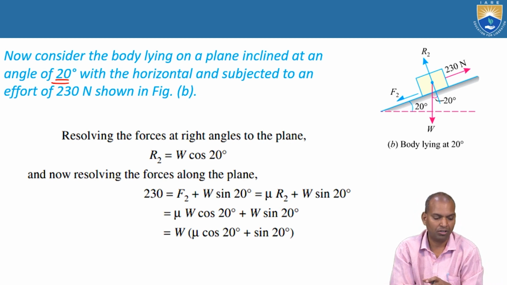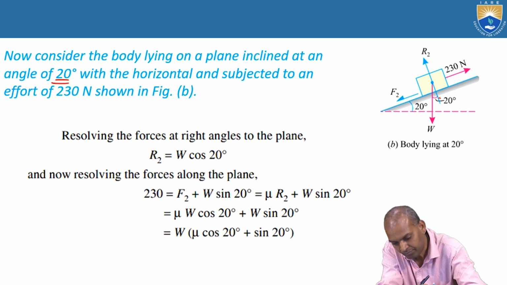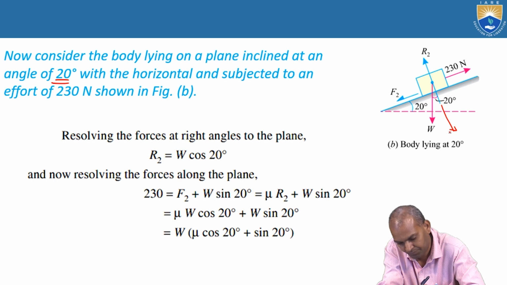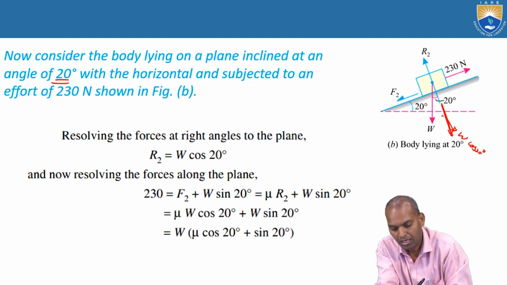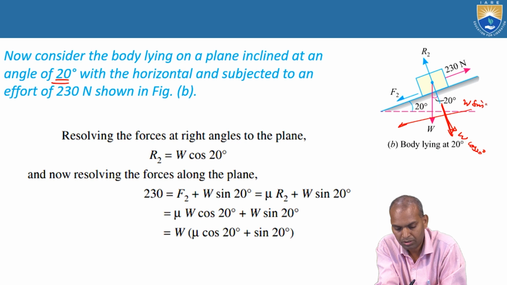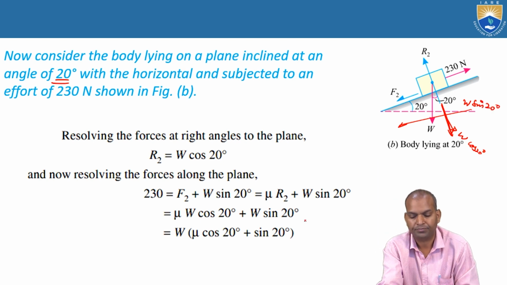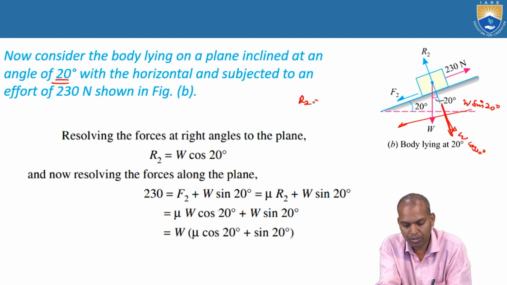You apply the same methodology and resolve again. The components are W cos 20 degrees and W sin 20 degrees. Now R2 equals W cos 20 degrees.